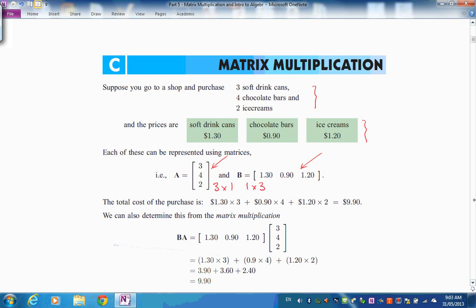Okay, so let's have a look then at what we might want to do. If we wanted the total cost of the purchase, we'd want to multiply the $1.30 by 3, and the 90 cents by 4. There'd be a certain match-up here that we'd want, and then the total cost would be $9.90.